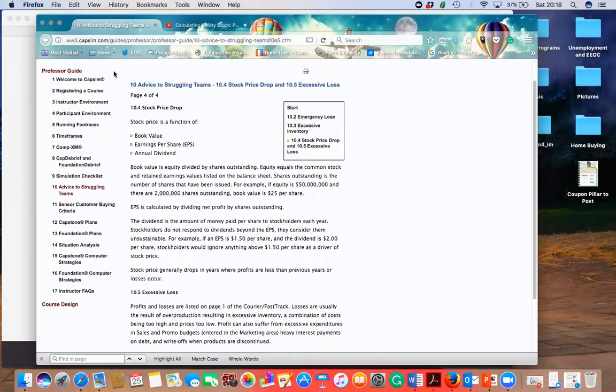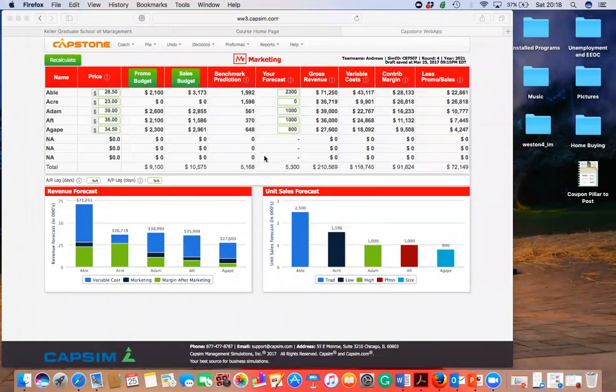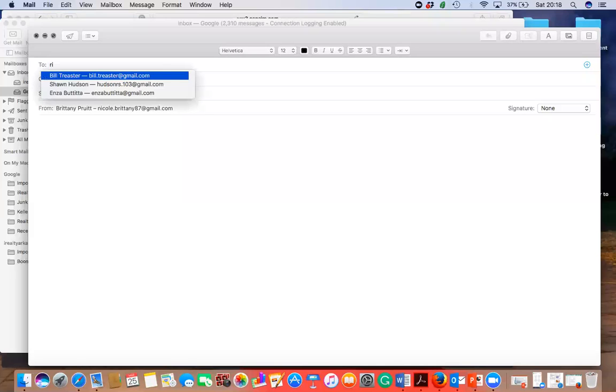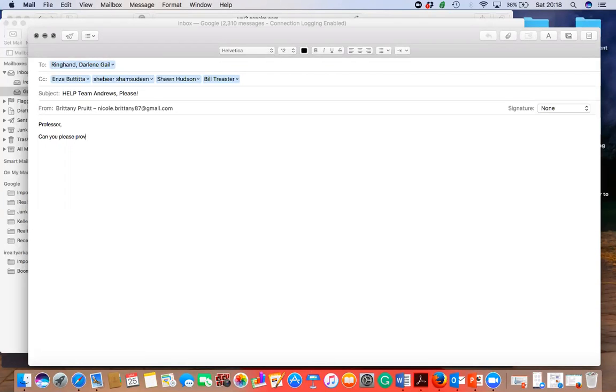I'll email the professor on this and figure out what we need to change to increase this stock out. What was it, stock out costs? Yeah. Yep.